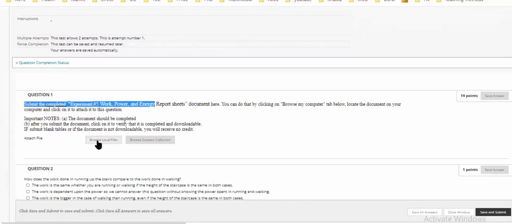Click browse my computer, look for the file that you saved, click on it, save it. It was 14 points, so that's actually more than around 70% of the grade is the worksheet.